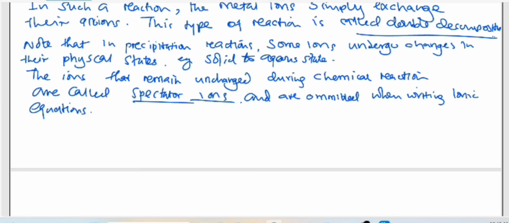This one is not taught in Form 2, but I will give it out.